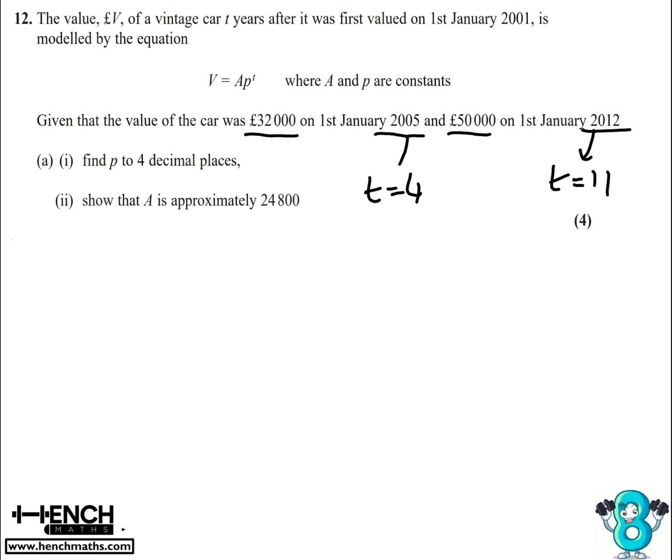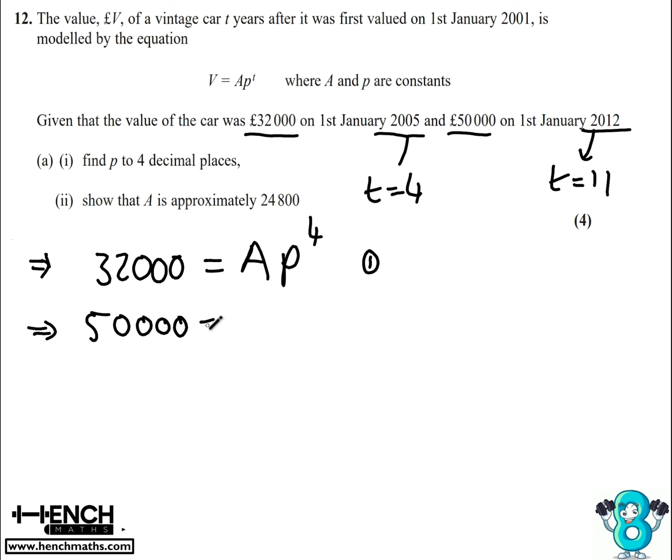If we put V as 32,000, we get 32,000 equals A P to the power of 4. That would be one equation. And if we sub in 50,000, that equals A P to the power of 11. That would be our second equation.